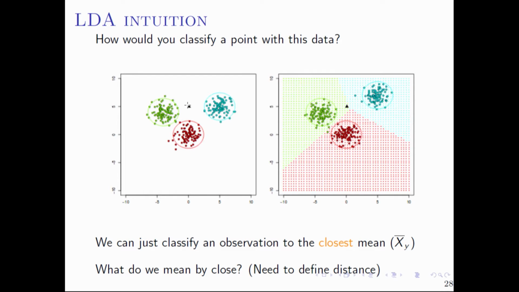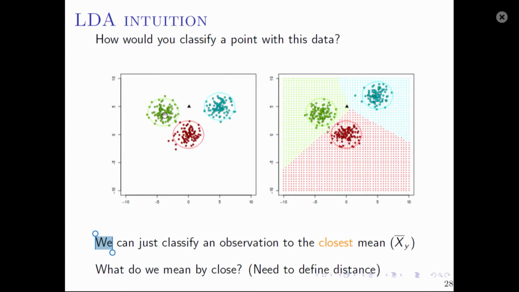For this point, some of these Gaussian distributions have more weight or more probability, and the point will be classified as that class. You can think of it as just finding which mean is close by.